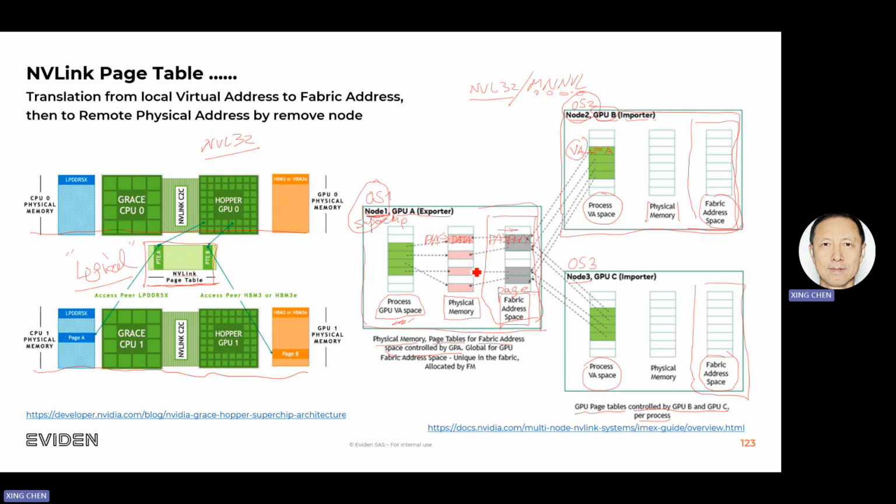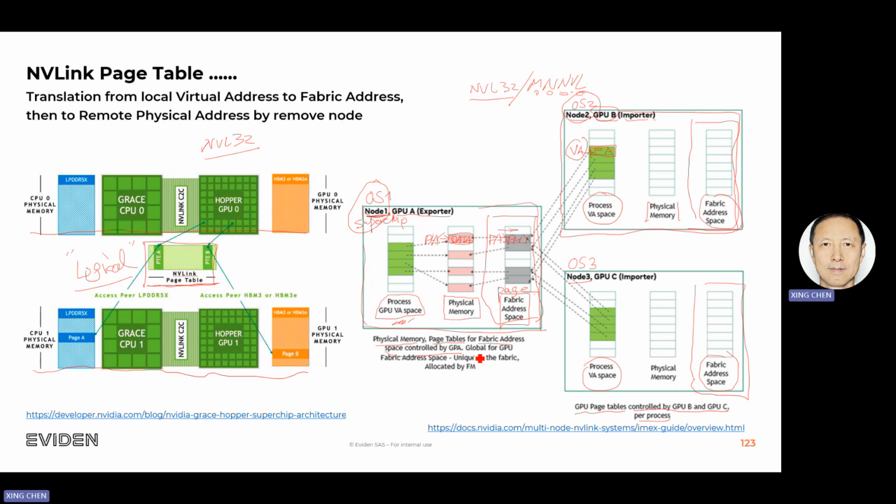After you have done these two translations, the first and the second, then you have the possibility to read data. So this fabric address is used to pass through the network.